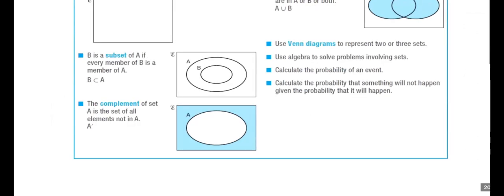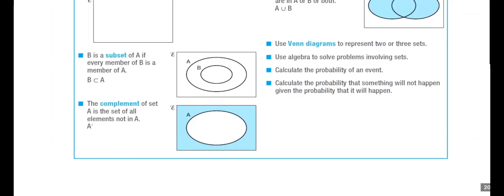Do you know how complement works? For example, what is the complement of a set? What does it mean when I say A complement, for example? Isn't it everything that's in A? No, that's A itself. A is everything in A. What is A complement? I'm not sure.